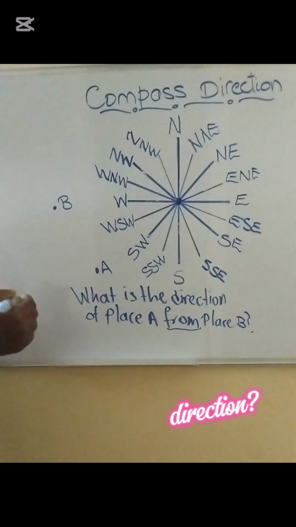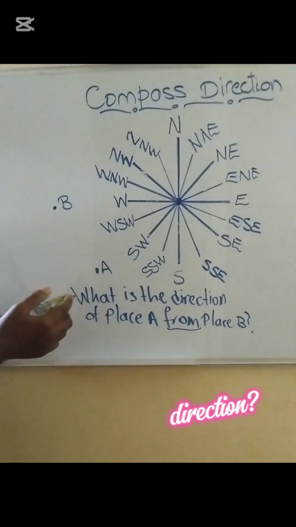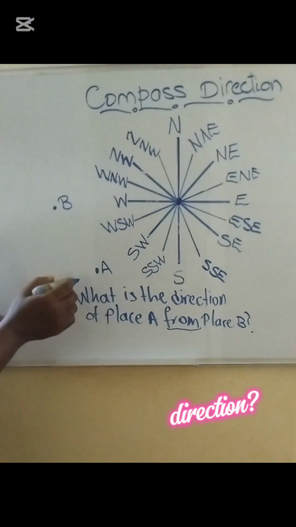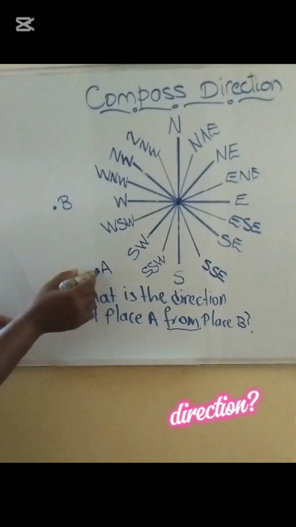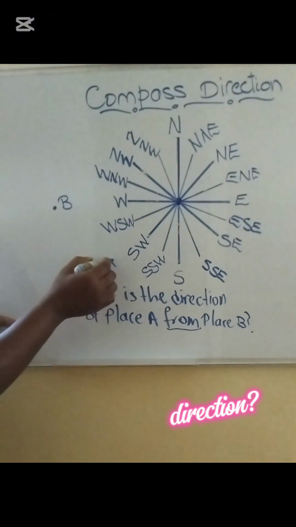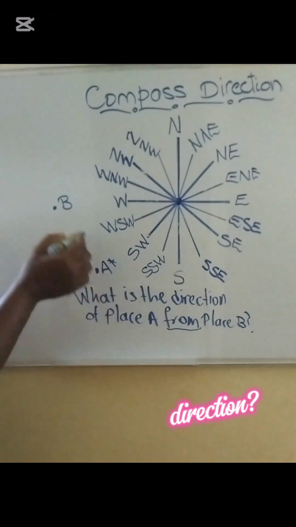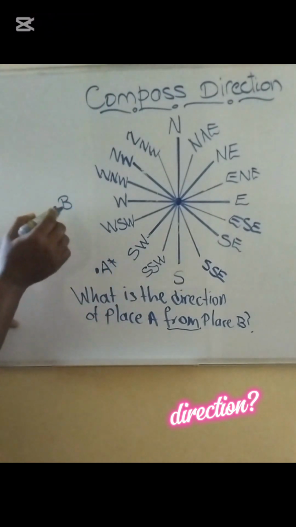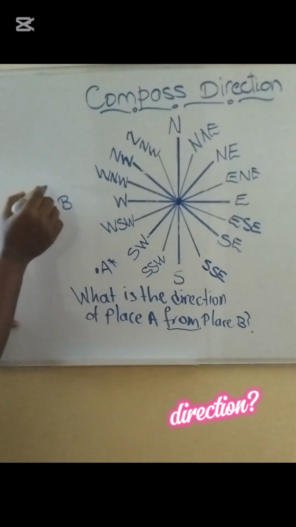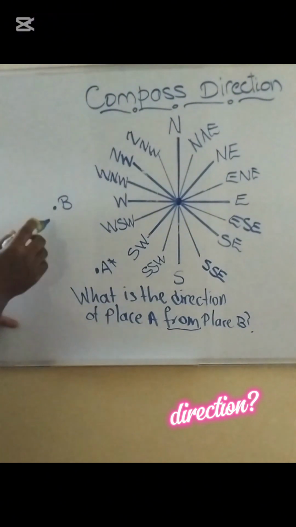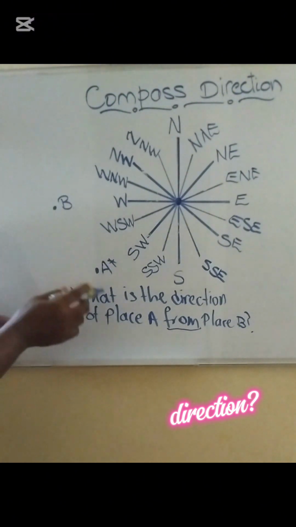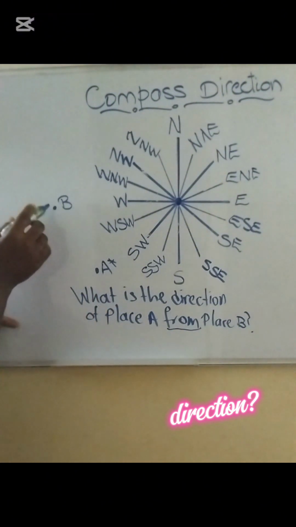Remember, that's important. Okay, so if you're actually giving the direction for place A, this is the place we're giving the direction for. And take it that we're standing at place B, okay? So remember that whatever place comes after the word from, that's where you're giving the direction from, okay?